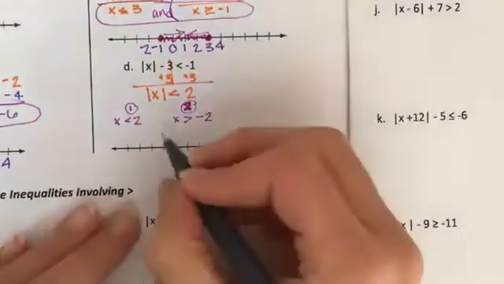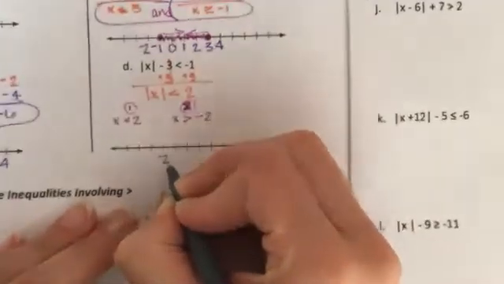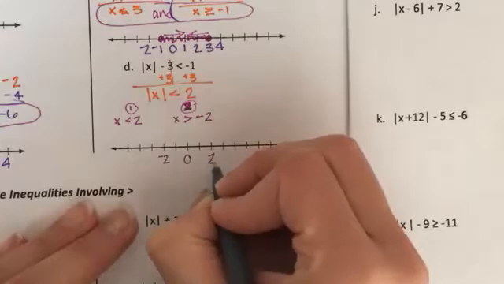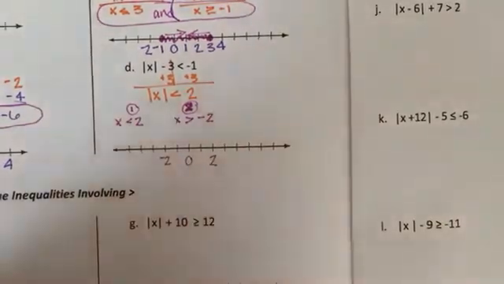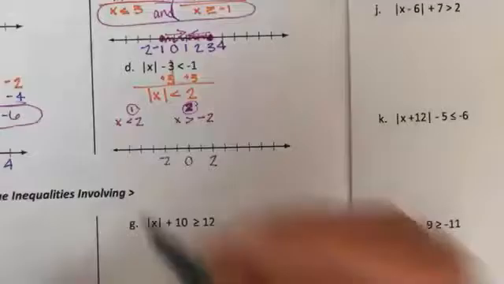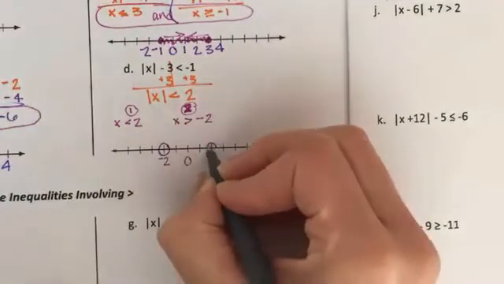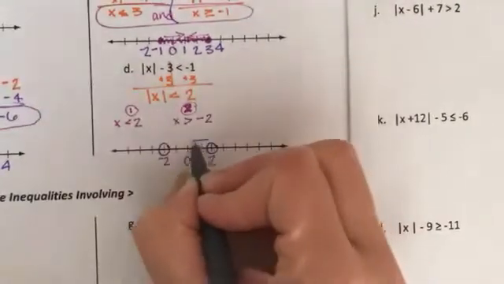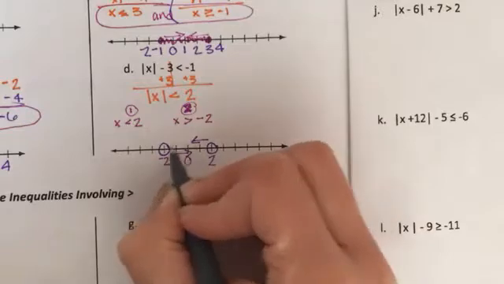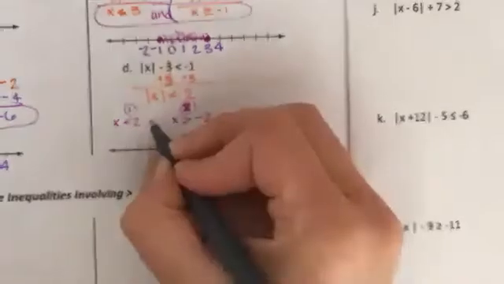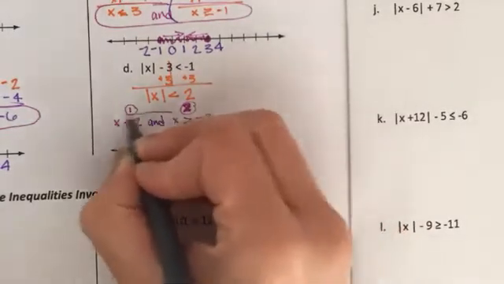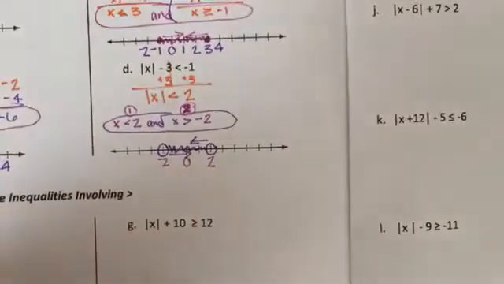So then -2, 0, +2. I would have an open circle on both of them. X is less than +2. X is greater than -2. The region in between is shaded. Okay.